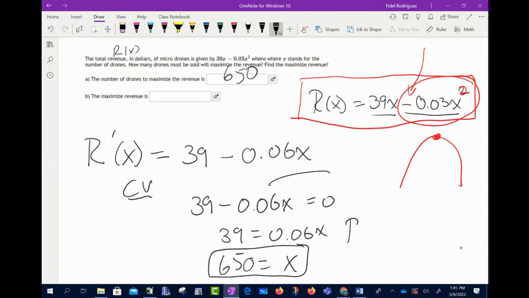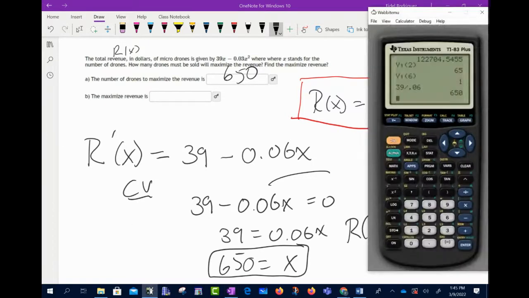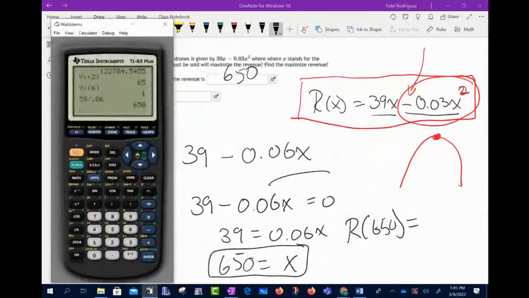Part B says, can we find R of 650? Of course we can. We'll come back over here. We'll go y equals, clear that one that we have there, and I'm going to enter in 39x minus 0.03x squared. Enter that in. Okay, so let's quit it. Go to bars, go to number 1. Let's evaluate this at 650.